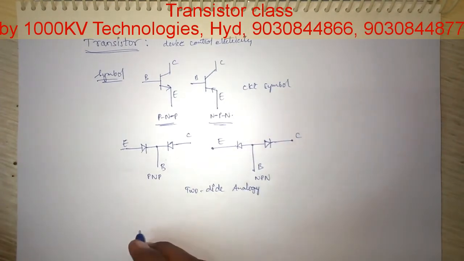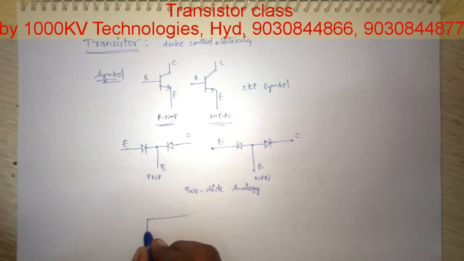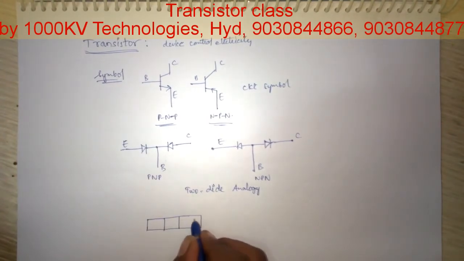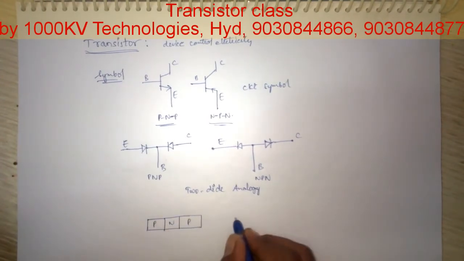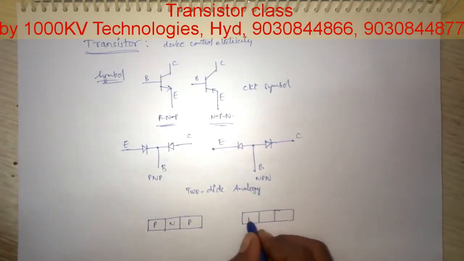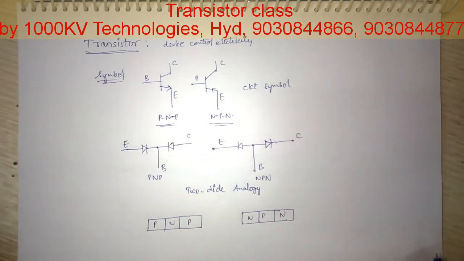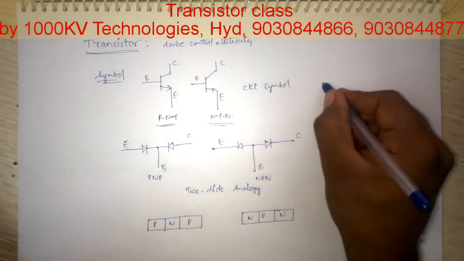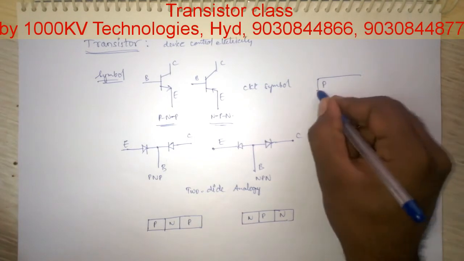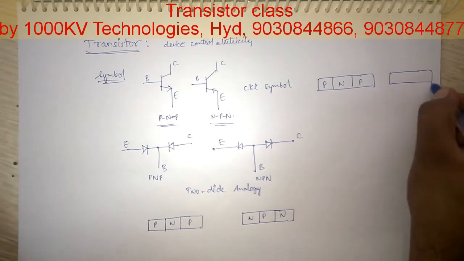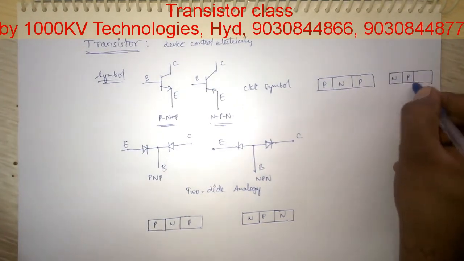And depending upon physical construction, we can notate these PNP and NPN transistors like this: P, N, P, and another one, N, P, N. Okay. This is a P, N, P, N, P, N.